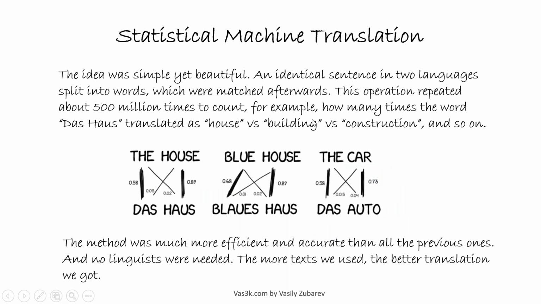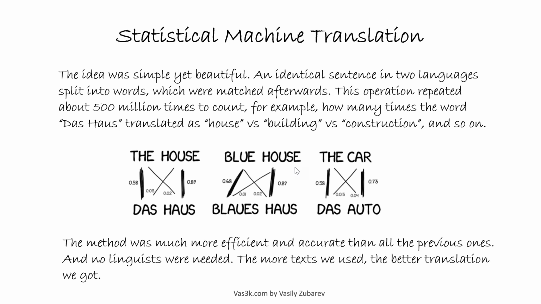With SMT, the idea was simple yet beautiful, right? An identical sentence in two languages was split into words, which were matched afterwards. This operation was repeated about 500 million times to count, for example, how many times the word house was translated as house versus building versus construction, and so on.